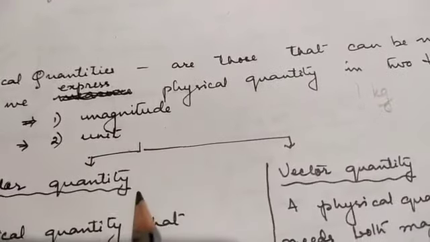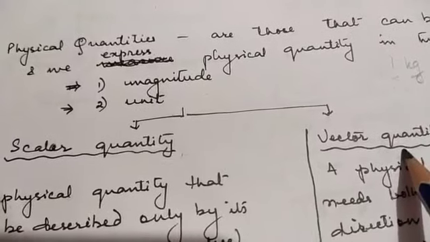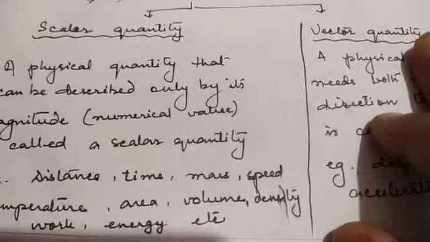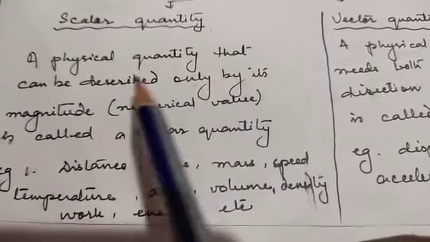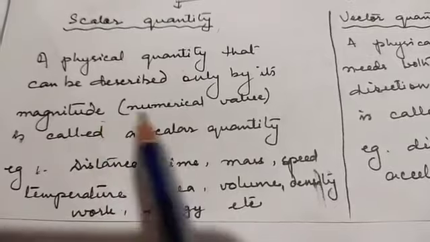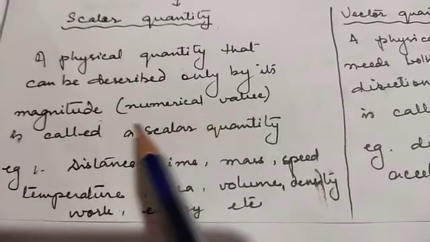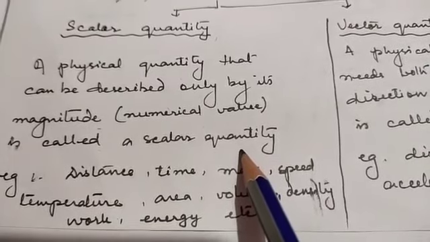Physical quantities are of two types: scalar quantity and vector quantity. Then what is scalar quantity? A physical quantity that can be described only by its magnitude, that is the numerical value, is called a scalar quantity.